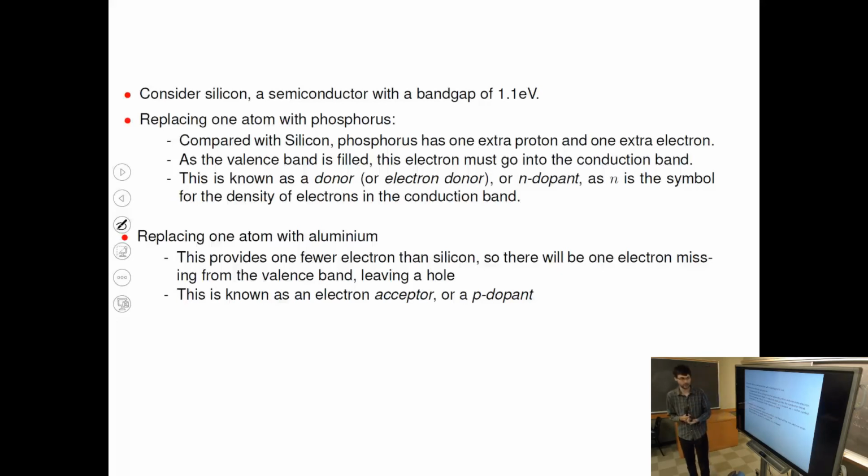And so the way this occurs is, for example, with silicon, you can take one atom of the silicon crystal lattice out and replace it with phosphorus. Phosphorus is one column over in the periodic table, so it has one extra electron.